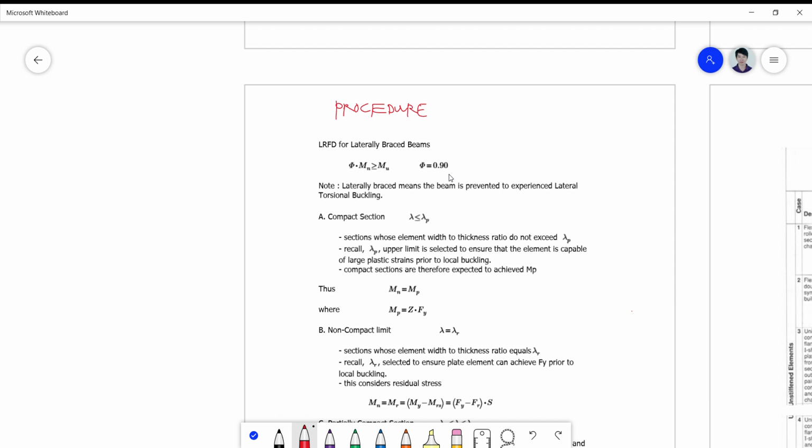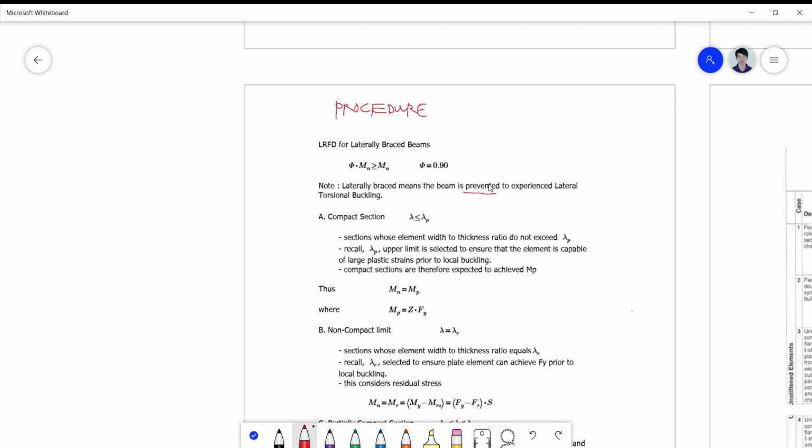Note that laterally braced means that the beam is prevented from experiencing lateral torsional buckling. Okay?